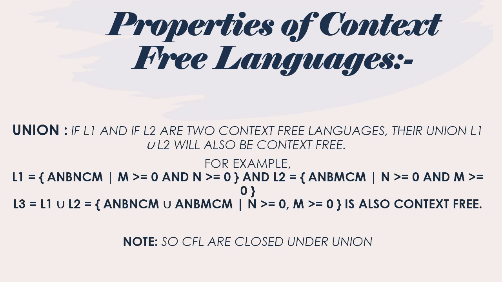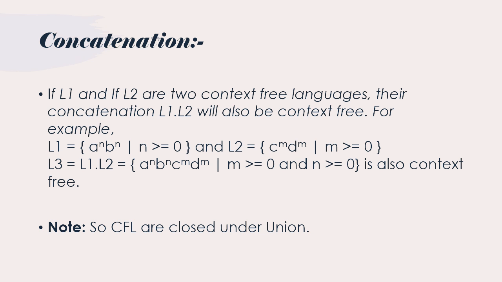Now let us move to another context-free language property, that is concatenation. If L1 and L2 are two context-free languages, their concatenation L1 dot L2 will also be a context-free language. For example, let us consider L1 equal to a^n b^n, where n is greater than or equal to 0, and L2 equal to c^m d^m, where m is greater than or equal to 0.